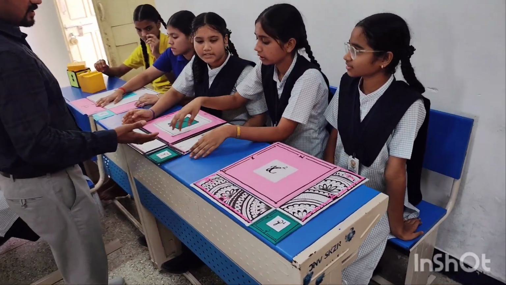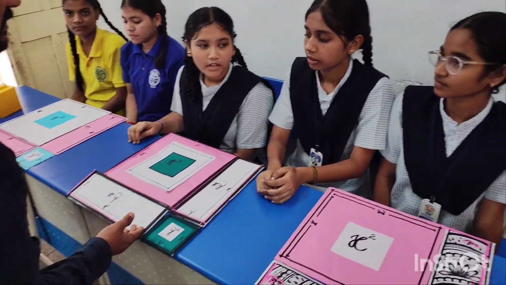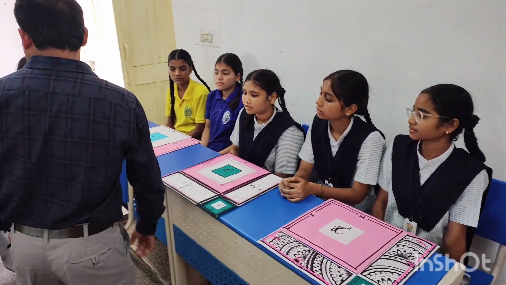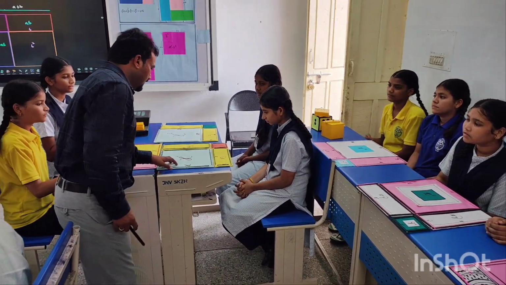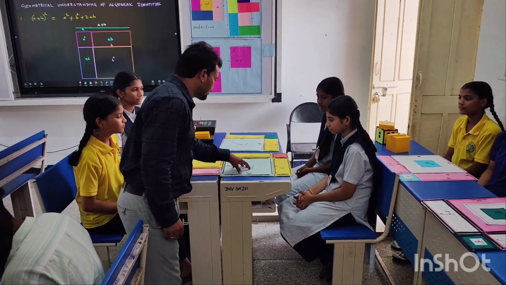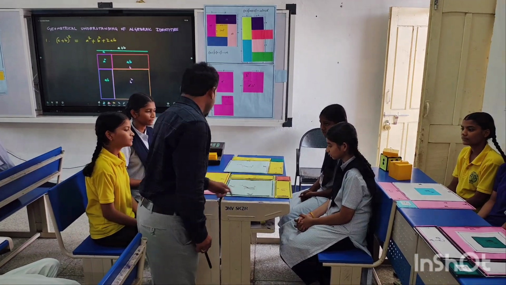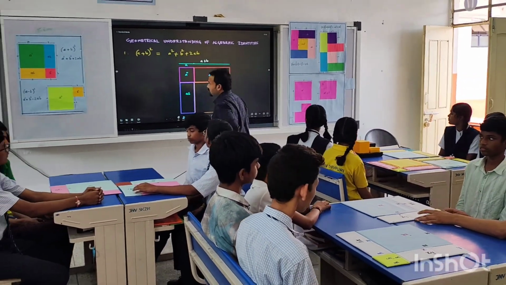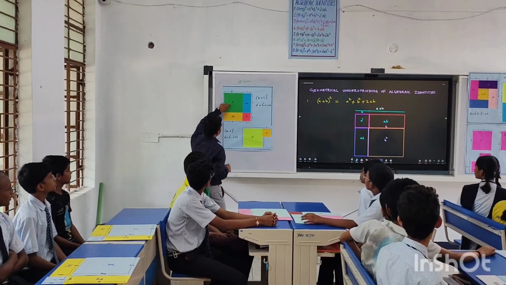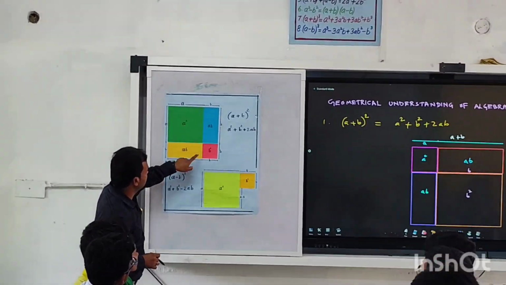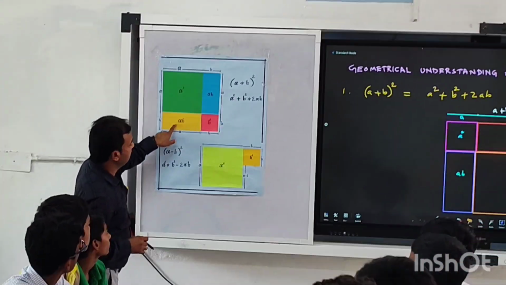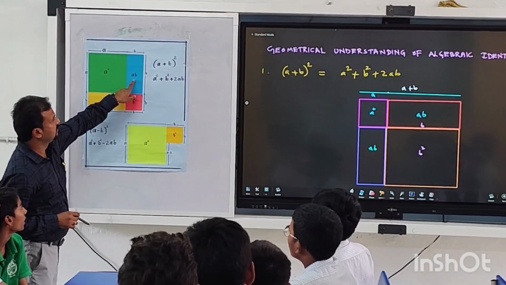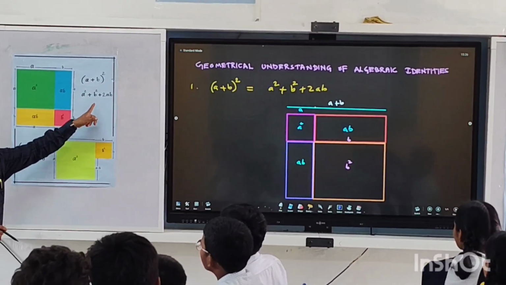Your group number is second group. This is x square, what is this? y square. I would like to ask how you are going to prove it. Whatever we did, this is a square, what is this? And ab. That's what a plus b whole square is called.